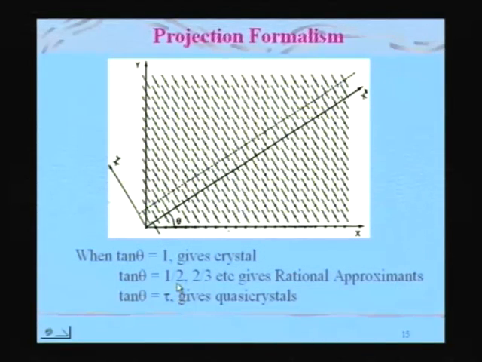So that's why nowadays people imagine a quasicrystal is nothing but a crystal in a higher dimension, which has been projected into a lower dimension to give you a quasicrystal. So like this, a two-dimensional crystal can be projected into a single dimension as a quasicrystalline arrangement of spots by choosing an appropriate angle, which is tan theta being equal to tau.